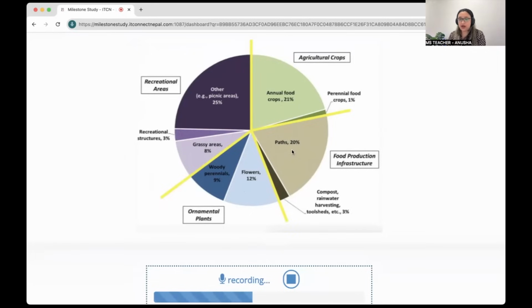The other one is paths with 20% and compost, rainwater, and harvesting tool sheds with 3%. Others, like woody perennials, are also at 9% and flowers with 12%. Grassy areas is at 8%. Also, it can be seen that the most chunk is taken by recreational areas in the end.